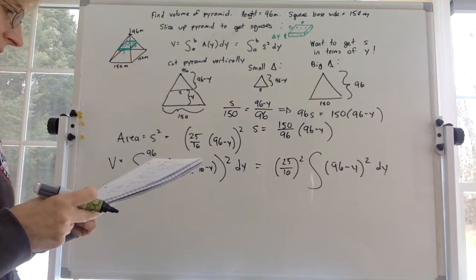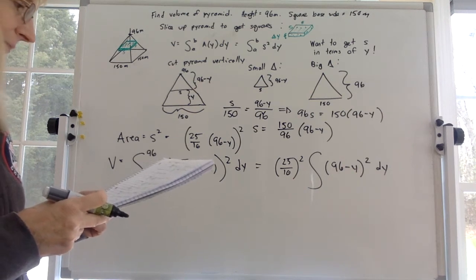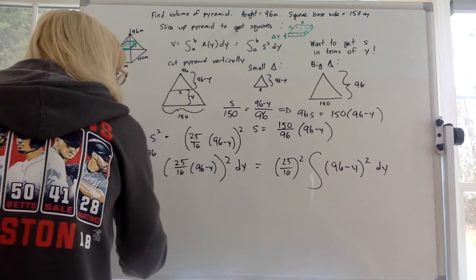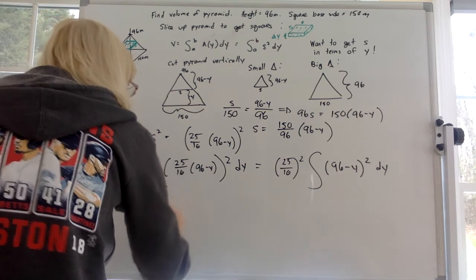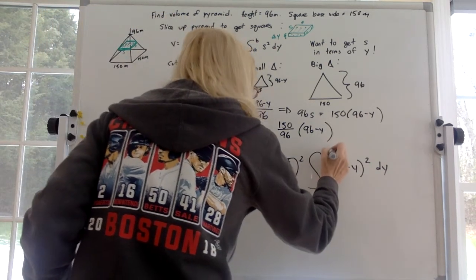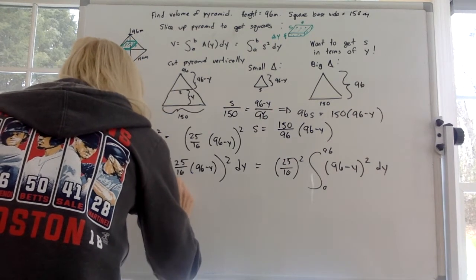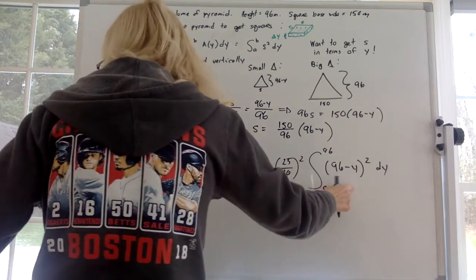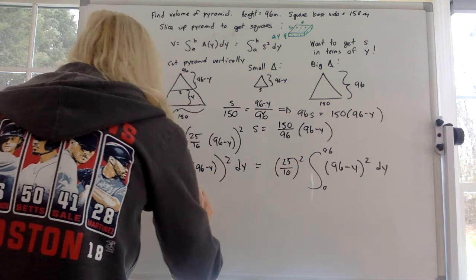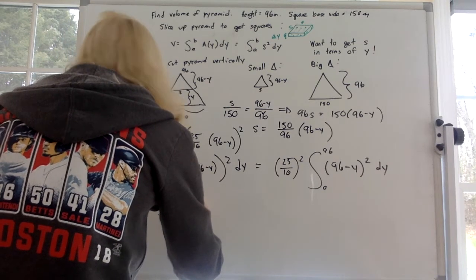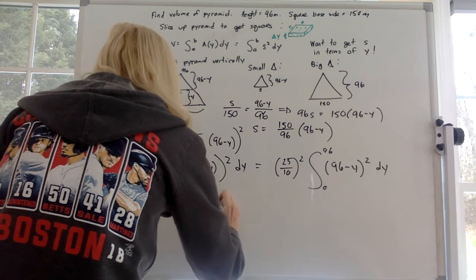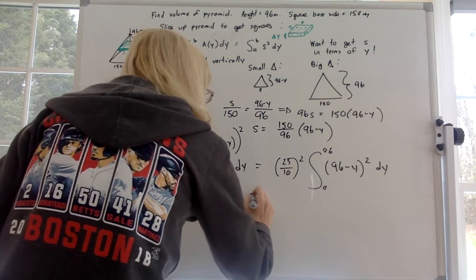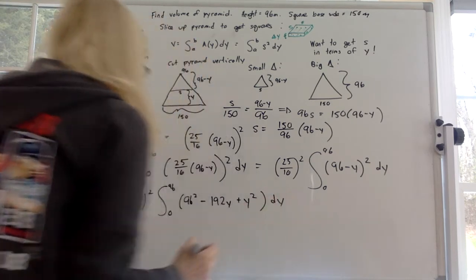Then I FOILed it, so I still have the 25 over 16 squared in front. It's still from 0 to 96, and after FOILing I got 96 squared minus 192y plus y squared dy.